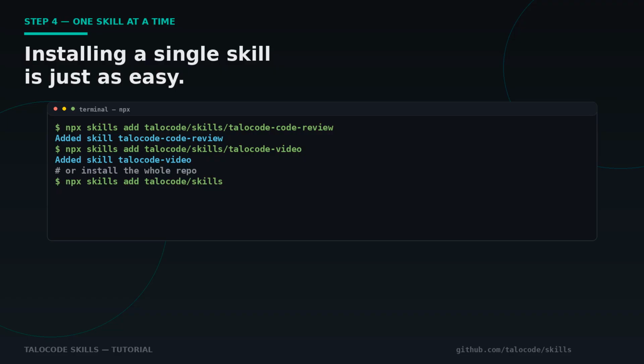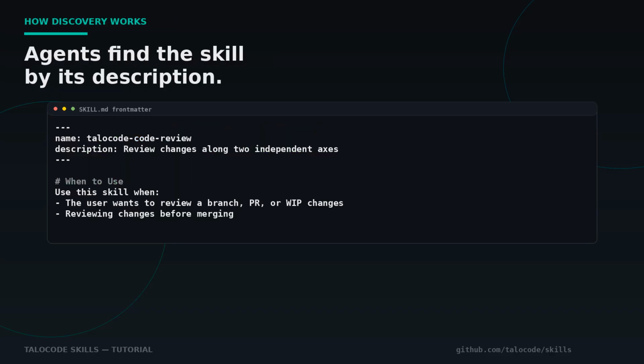A core property of these skills is that they are local first. There is no cloud account, no API key, and no hosted service in the core flow. The skills run on your machine, using your tools, your files, and your data. Some skills ship supporting files, like scripts and examples, which is why a skill folder can hold more than just the markdown. You can see the Market Radar skill here with its scripts and examples folder.